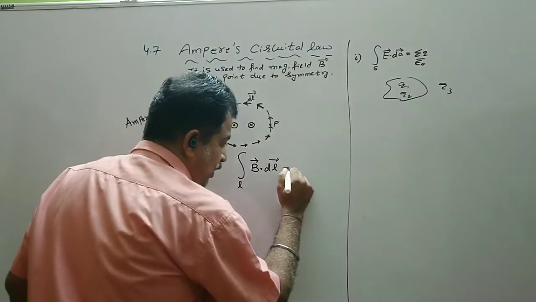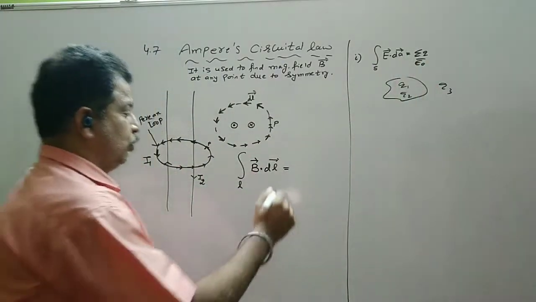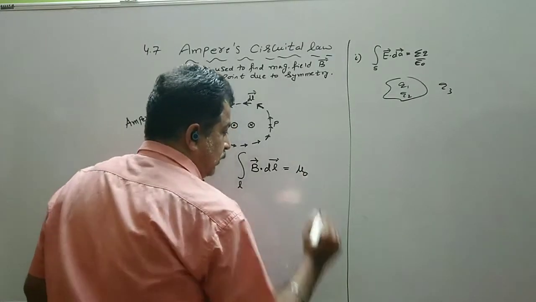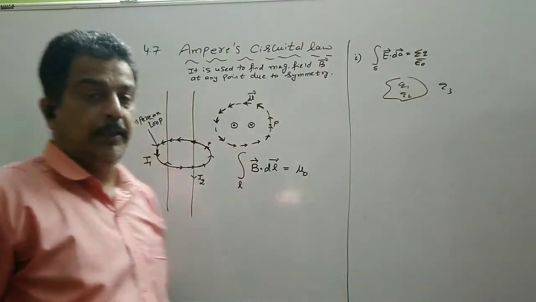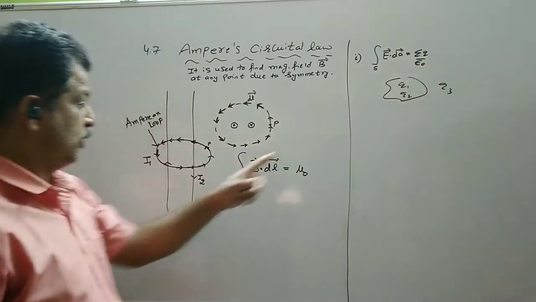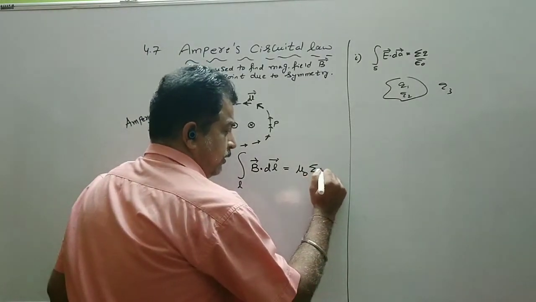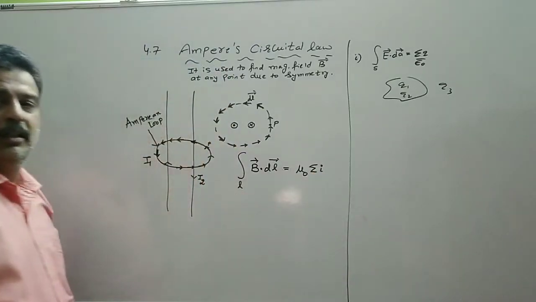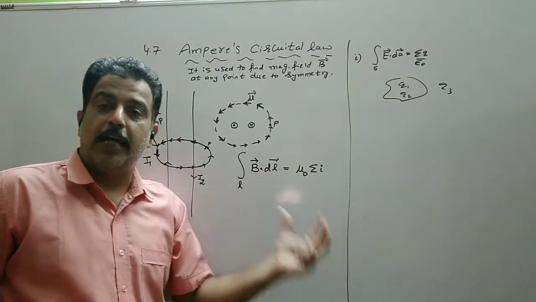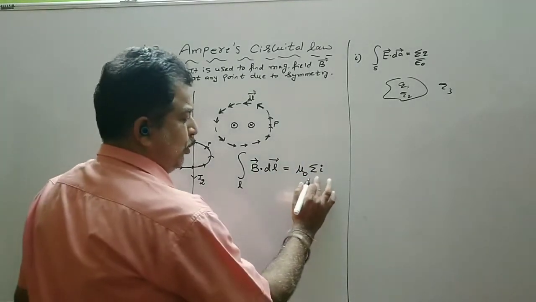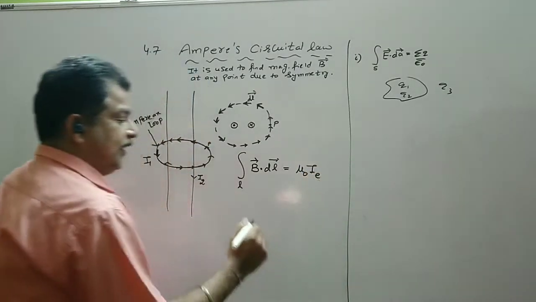Now this is equal to, there we had 1 upon epsilon naught. In this case, 1 upon epsilon naught is replaced by mu naught. Total charge enclosed, that was the source. Here the source is a current. So it should be summation I. We call it the current enclosed in the Amperian loop. Here, instead of using the symbol summation, I write IE.